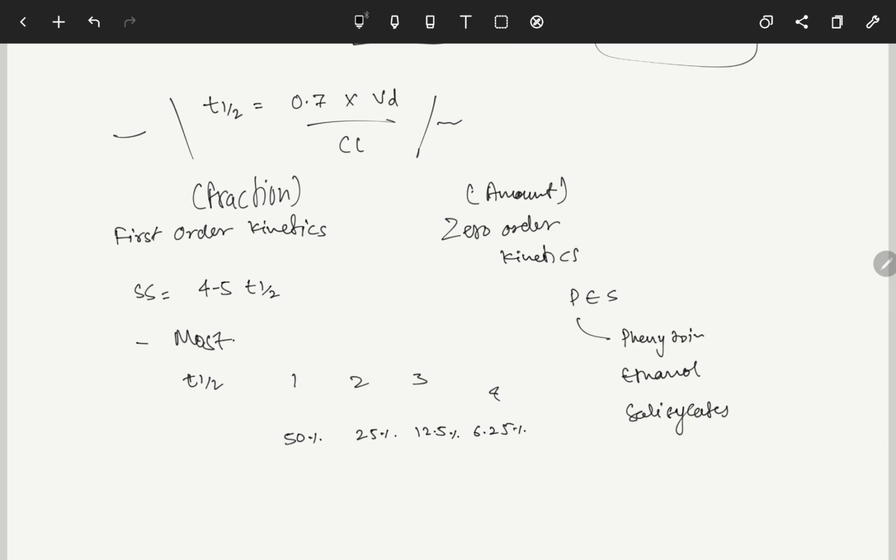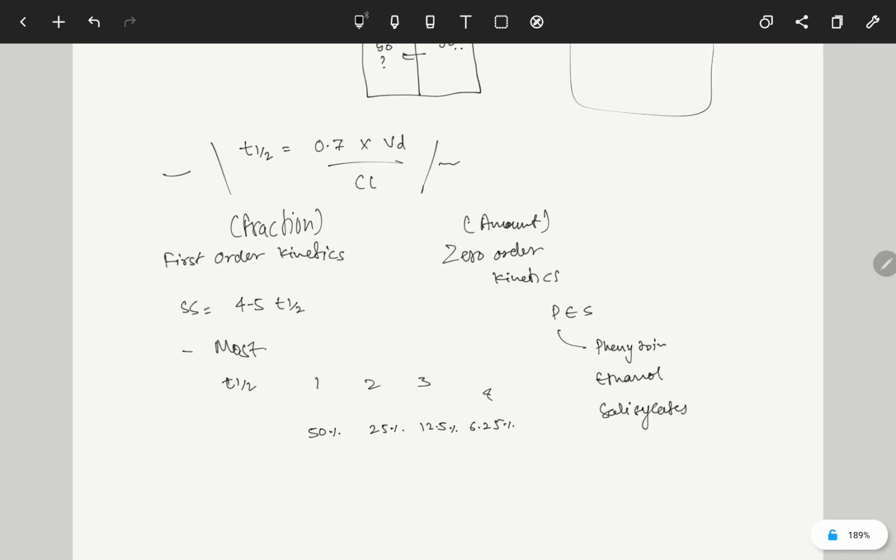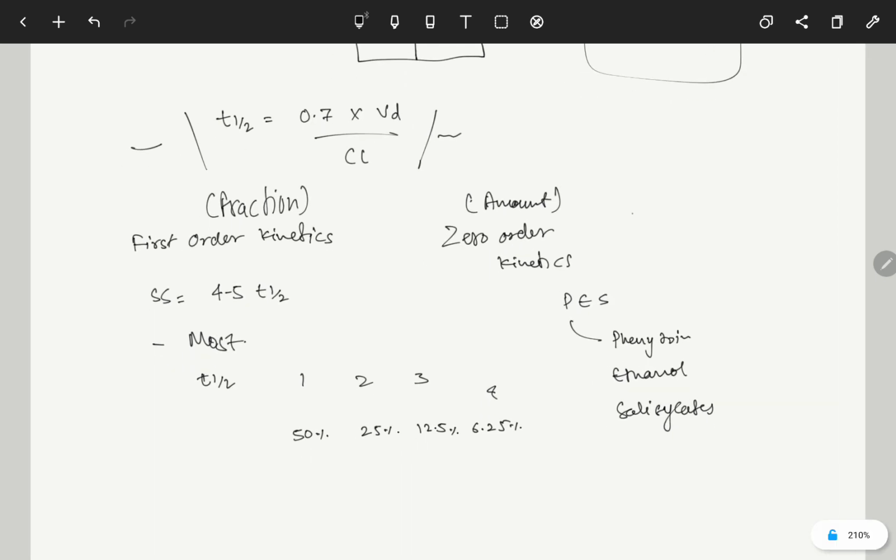Then there is elimination kinetics. Okay, so first order elimination means a constant fraction of the drug is eliminated per unit time, and zero order kinetics means a constant amount will be eliminated.